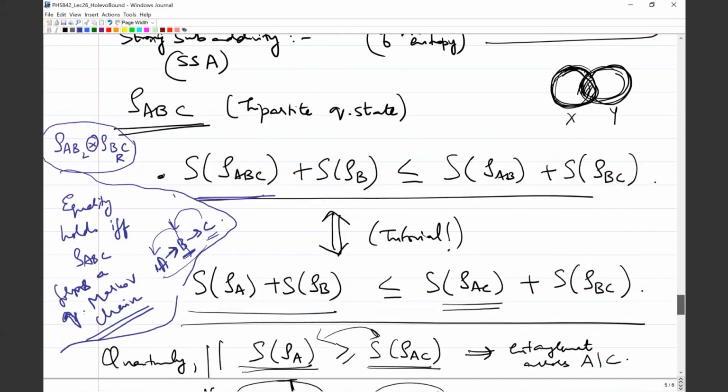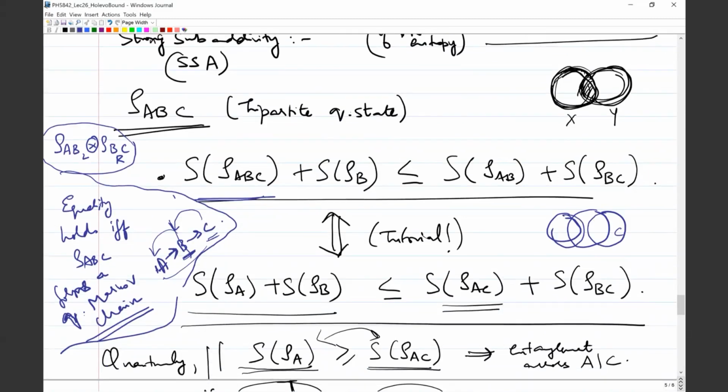So if I again try to draw diagrams for this, then there is a part of B that is correlated with C. There is a part of B that is correlated with A, but somehow C is conditionally independent of A, and it's correlated to A only via B. So there are parts of B which are correlated with A, there are parts of B which are correlated with C. Together they form an entangled state, but when the inequality is saturated, the B system factors in a nice way between A and C. That's what it means.